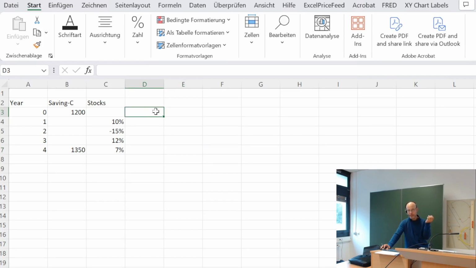So at which number would we end if we also invest 1,200 in the stocks? What do I have to do then? Okay, so you just calculated from this information the amount you get, and how did you do it?